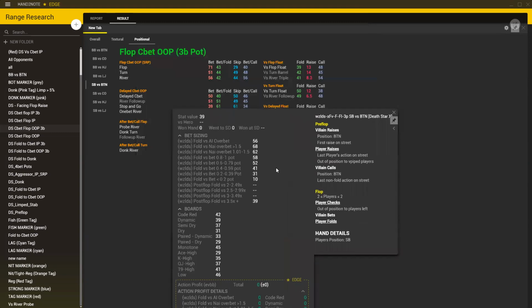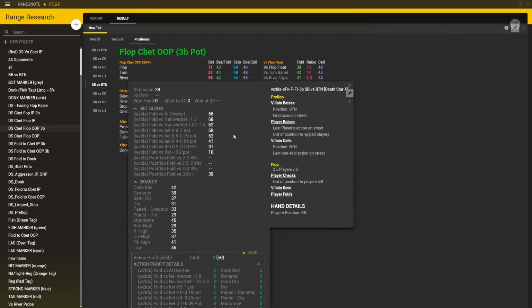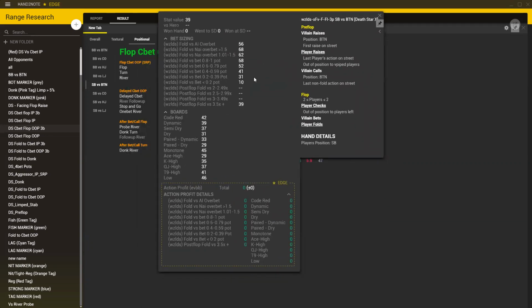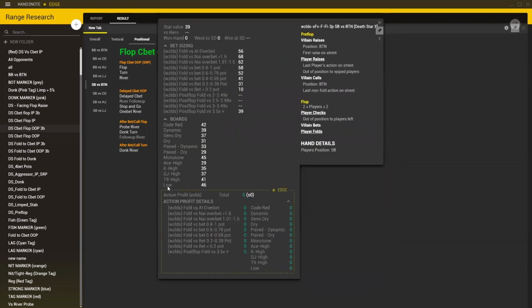So at what point does it start to become clearly profitable to bet any two cards? Well, it might be on a slightly higher texture than the corresponding versus big blind situation. We might get away with float betting trash on a queen high texture now against a small blind 3-bettor, even though we'd never do that against a big blind 3-bettor. As you can see, jack high is probably almost definitely profitable. 10-9 high is now just printing money, a 41% fold equity.